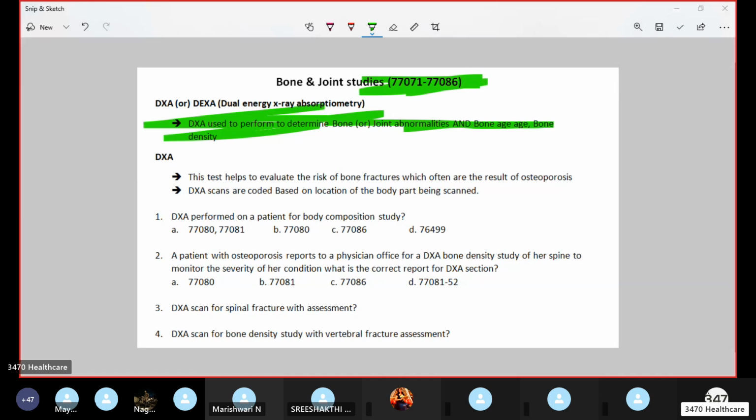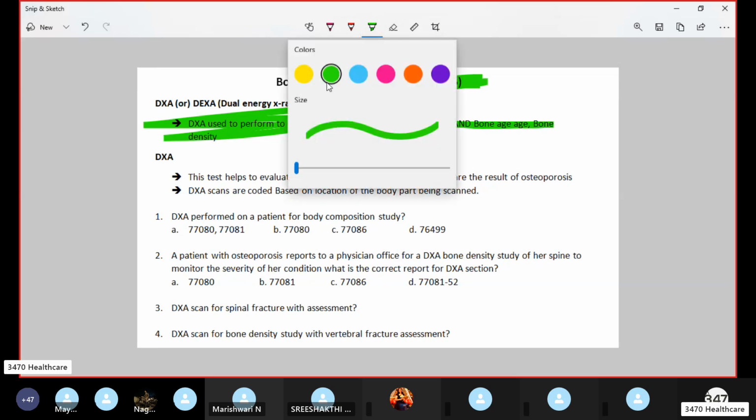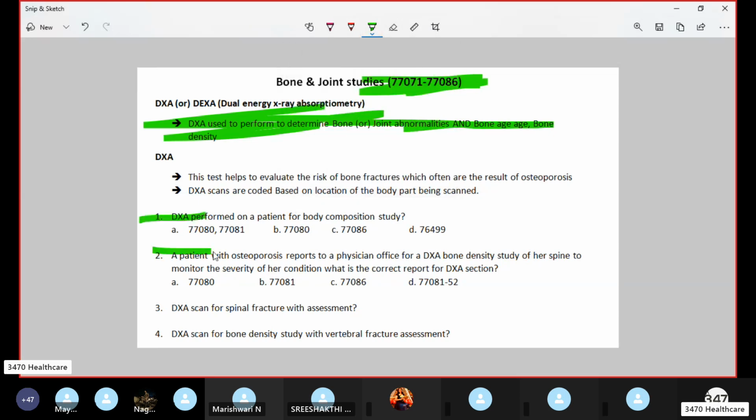Below I given code ranges. Please go there, code ranges. That all CPTs you can look one by one, down and above, anything given. Based on that you can answer these 4 questions.